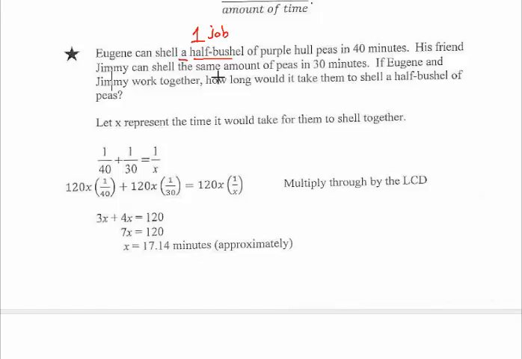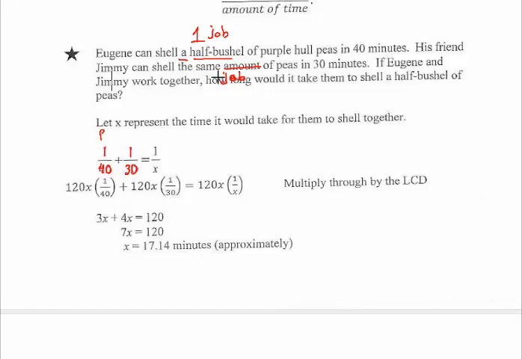Eugene does this in 40 minutes, so for rate 1 we see one job in 40 minutes. Then it says his friend can shell the same amount of peas, basically do the same job, but he does it in 30 minutes, so he's a little bit faster. For rate 2, we have 1 over 30.